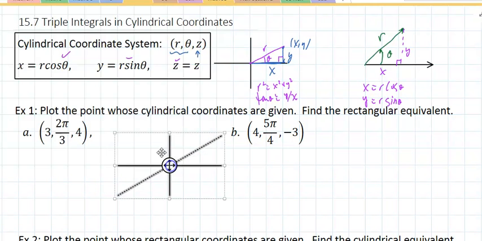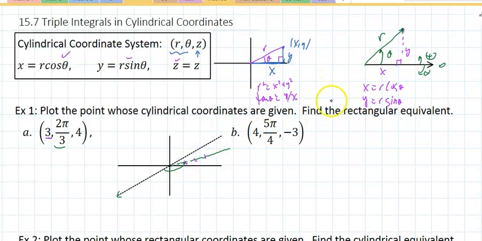So if we want to plot a point, remember this is the positive x-axis, that's the 0, positive rotation, negative rotation. So we rotate 2 pi over 3, that's in quadrant 2. We'll line up 30 degrees from the y-axis, and we move 3 units in that direction. 1, 2, 3.